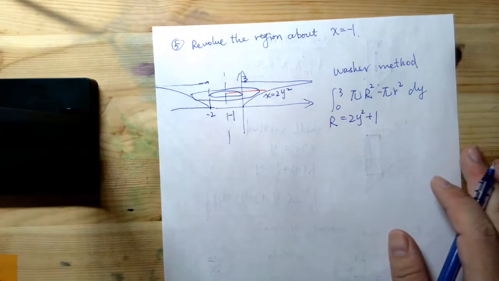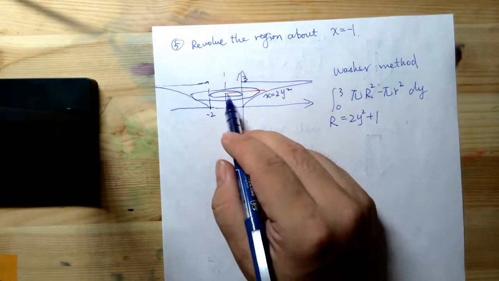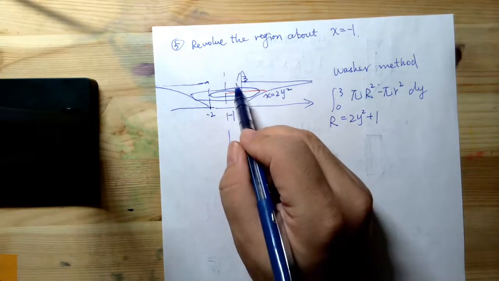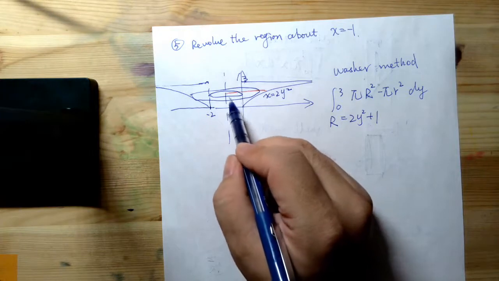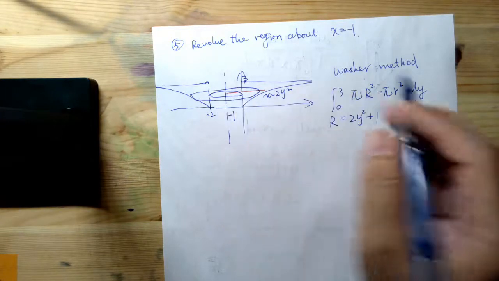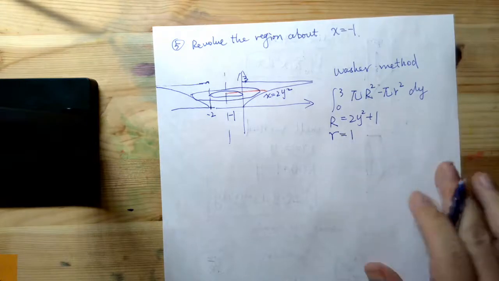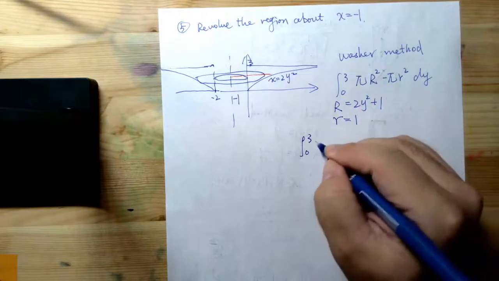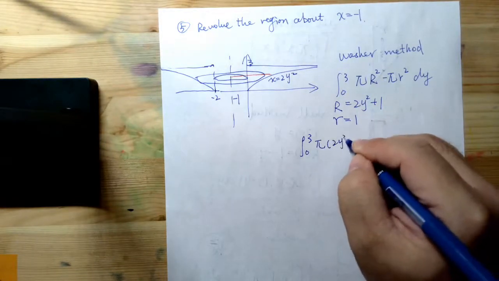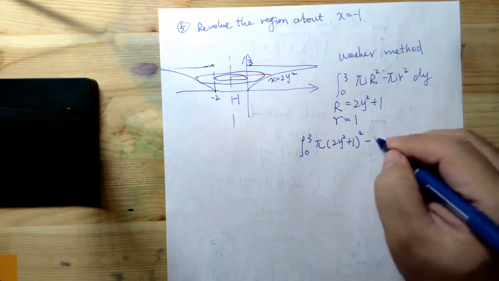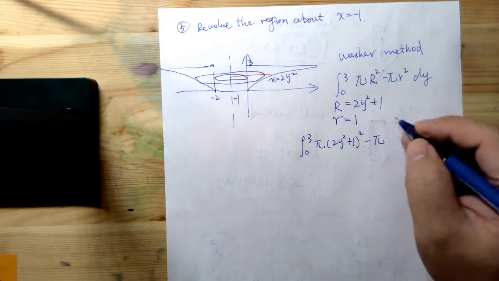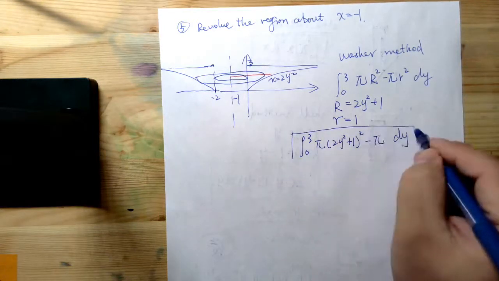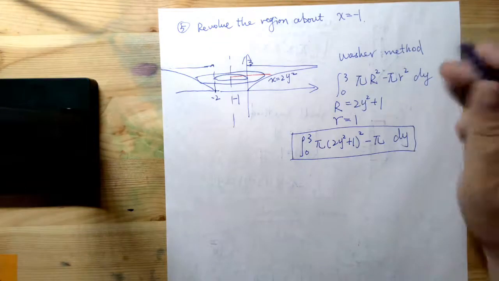And if you look at the small radius, you can see that no matter how you move up your cross section or move down your cross section, the small radius is fixed, which is just a 1. And so we just need to plug in, so it's from 0 to 3, pi times (2y squared plus 1) squared minus pi times 1 squared, okay? And then dy. So that's how we handle this using the washer method.